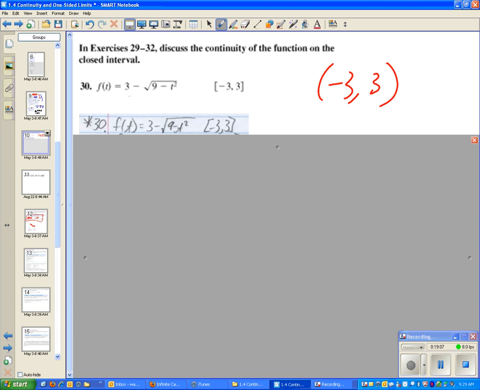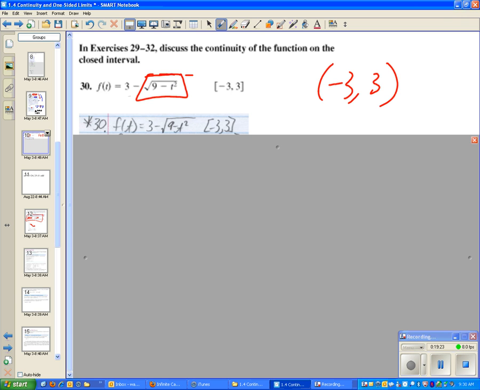Any of those numbers, when you square it, it'll be a number less than 9, won't it? Right? So the square root of 9 minus a number less than 9 exists.